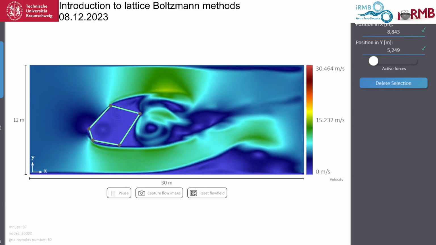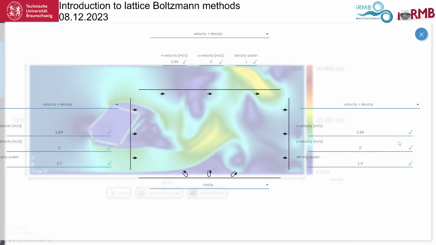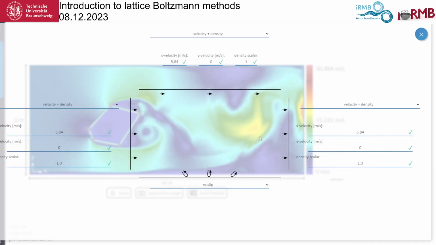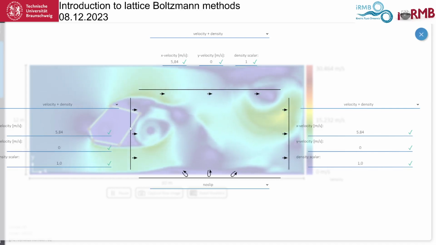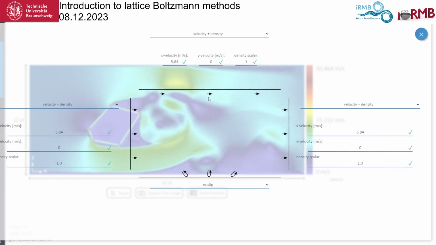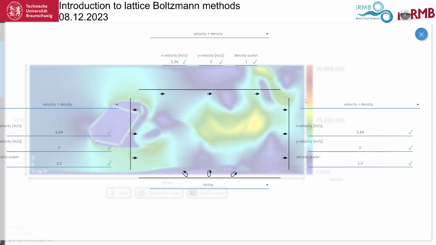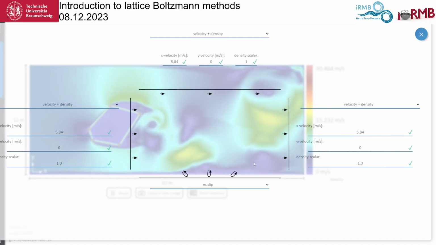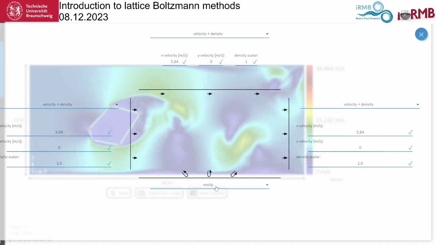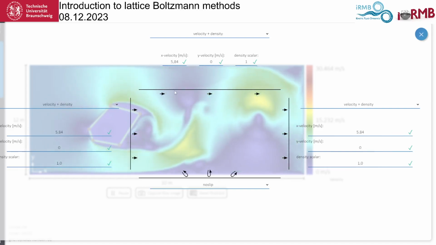We can have a look at that, edit boundary conditions. So what we have here is velocity boundary conditions in the front, also on top and also in the back. This is a little bit of a strange way of doing things, but this is because it is more like a toy simulator.